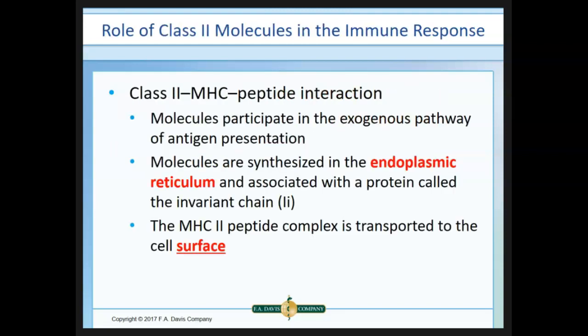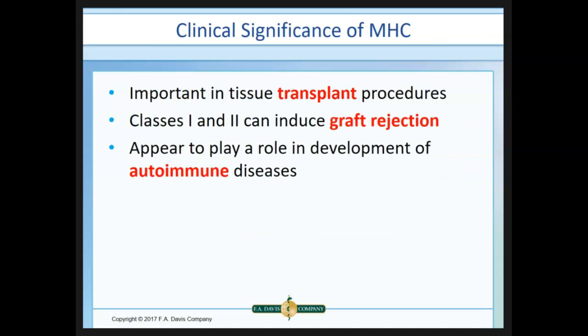All right, let's see where we are. Okay, important, the clinical significance of MHC, like we've said, they're important in tissue transplant procedures. Class 1 and 2 can induce graft rejection, so on those organs that do have a lot of MHC receptors on the cells, they have to be closely matched.